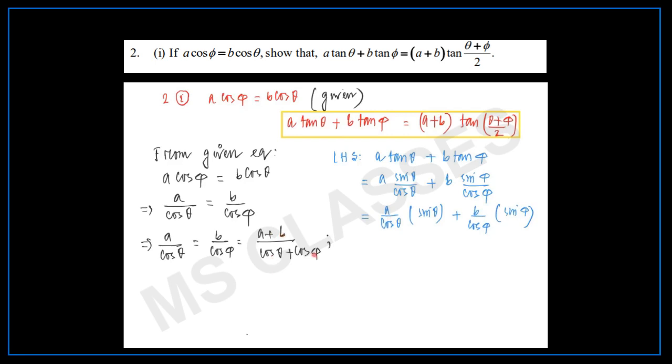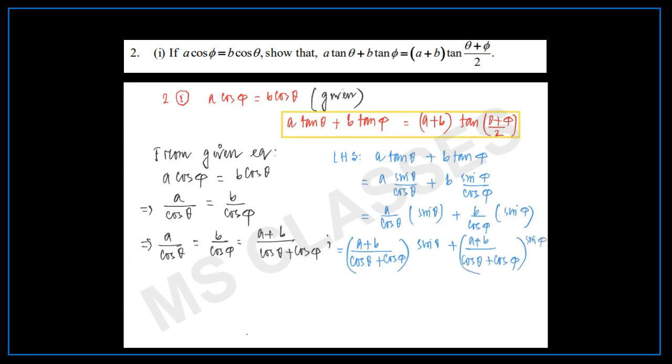So we replace this A by cos theta by A plus B by cos theta plus cos phi into sin theta, plus B by cos phi can also be replaced by the same quantity. So we replace this by A plus B by cos theta plus cos phi into sin phi.